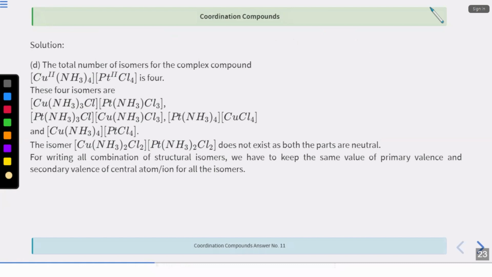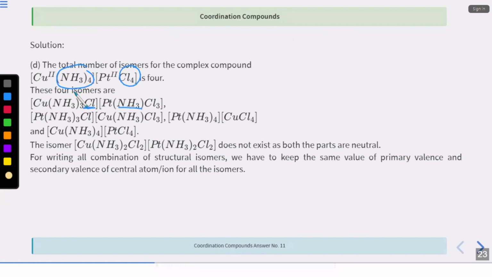Basically, what we will do is exchange these ligands for the isomerism. In the first case, I took one NH3 that side and one Cl this side, so I will get one Cl and one NH3 will go that side.